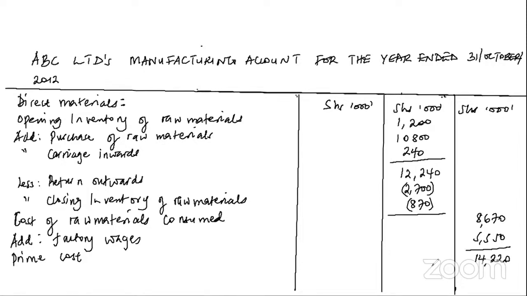The aggregate of all those direct costs is referred to as the prime costs. Now, after coming up with your prime costs, you have to look at another feature, which is the feature of factory overheads.